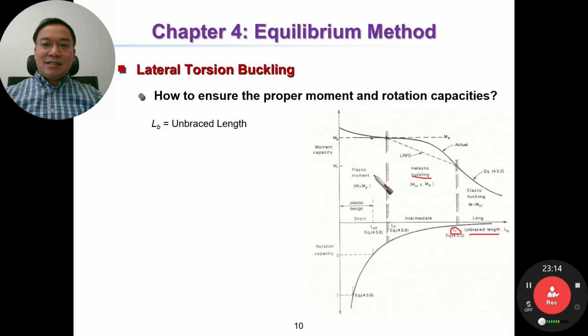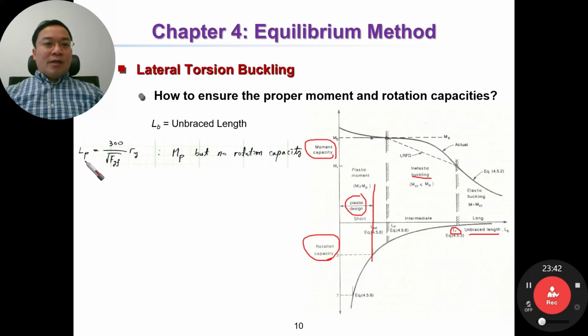But in plastic analysis and design, we need to meet the requirement of L smaller than LPD, LPD for plastic design. So it also satisfies moment capacity and rotation capacity.